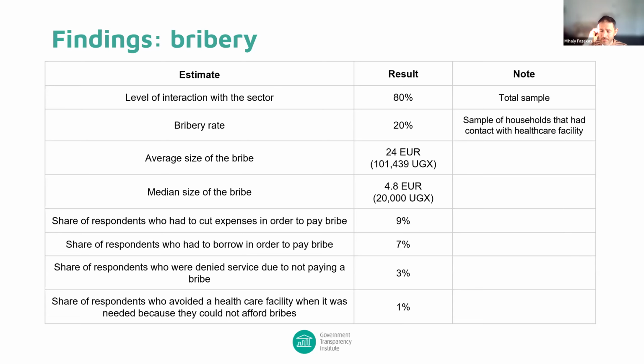So you can see that there are a few very high value bribes, and then most of them are on the left-hand side, so smaller value bribes. Now, not large, but nevertheless a non-negligible amount of respondents had some negative consequence from paying bribes, so had to cut expenses or borrow, or even were unable to pay the bribe.